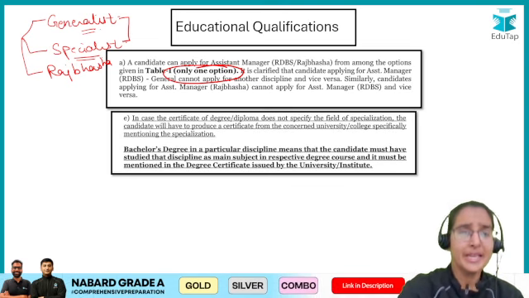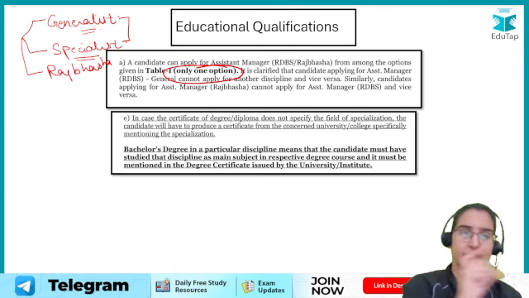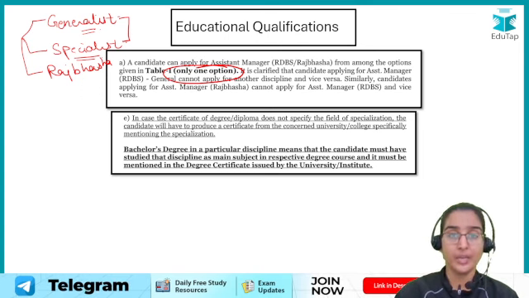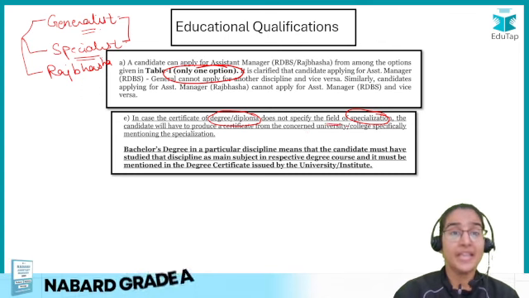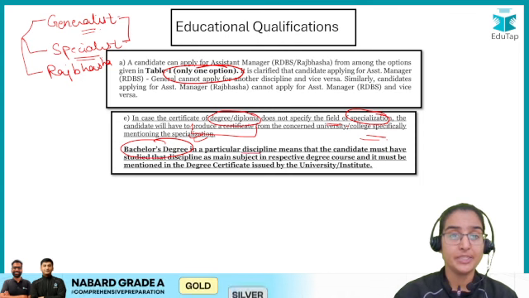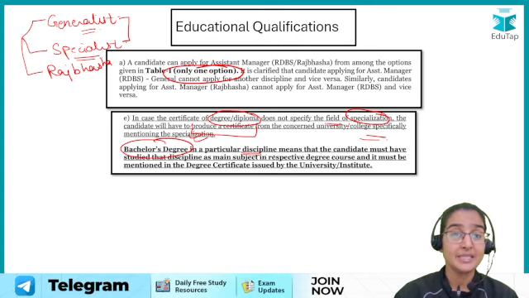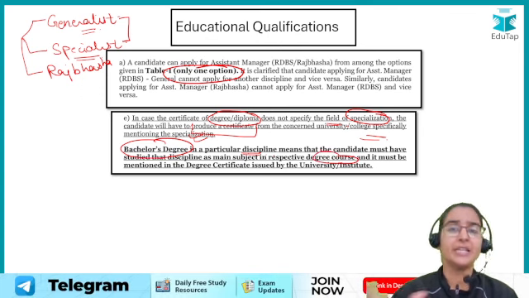Now, the next piece of information, and this is the only information I am going to share for the specialized students: if you are showing a field of specialization, and your degree or your diploma does not specify the field of specialization, then you have to produce a certificate which specifically mentions the specialization. And a bachelor's degree in any particular discipline basically means that you must have studied that particular discipline as the main subject in the degree course, and not just any other course, because most of the universities do provide certain additional subjects or optional subjects.